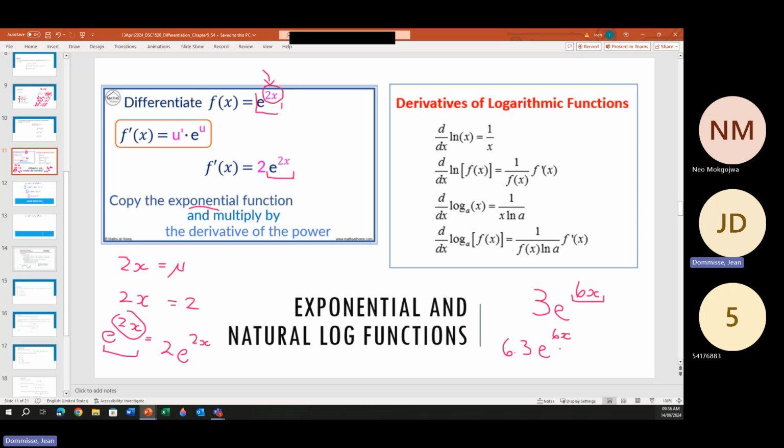Okay, so that is basically how you will look at the exponential function. It can also be that sometimes they say 6x minus 1, but something like that, you know that if it's a constant, the constant will just fall away. So it actually just again becomes the 6.